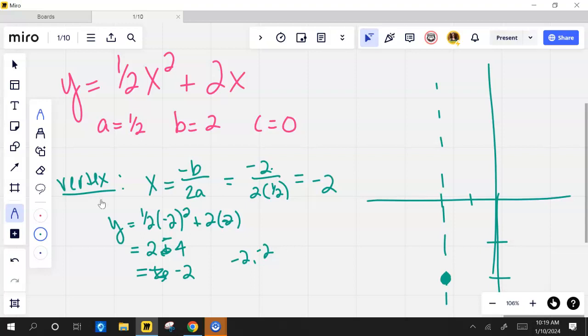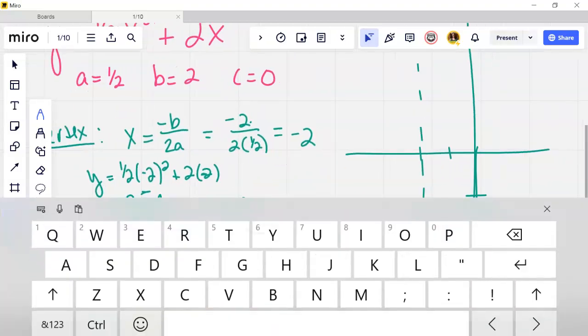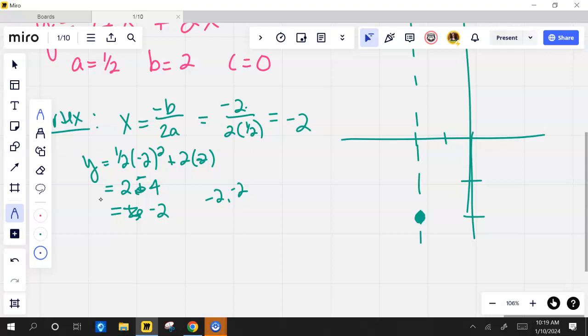So I want to pick an easy point. I do want to stick close to the vertex because think about how those parabolas go. They start out slowly and then really quick they shoot up fast. So I want to stick close. Give me an x that would stick close to the vertex, but not be the vertex. -1. I think that's a great choice. Maybe I pick -1 for my easy point.